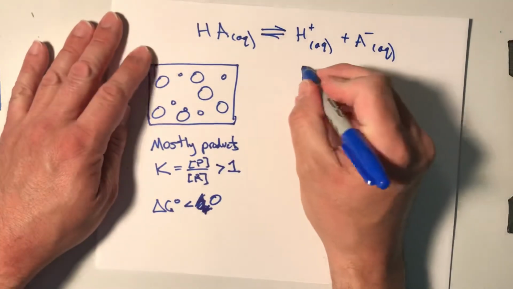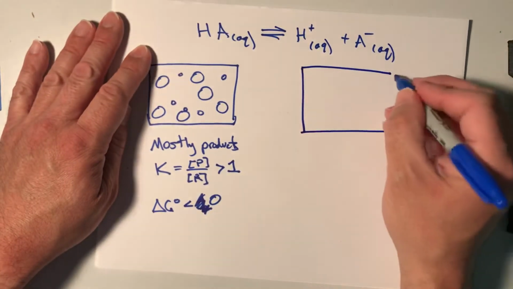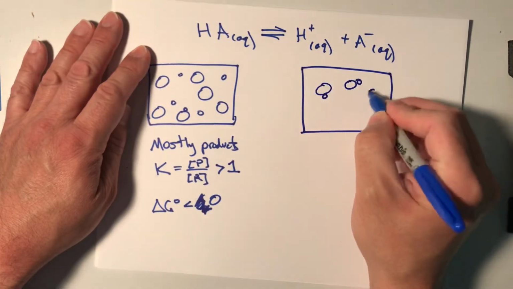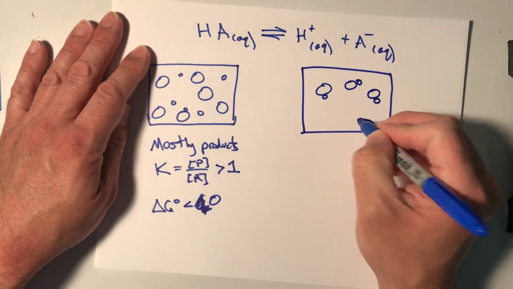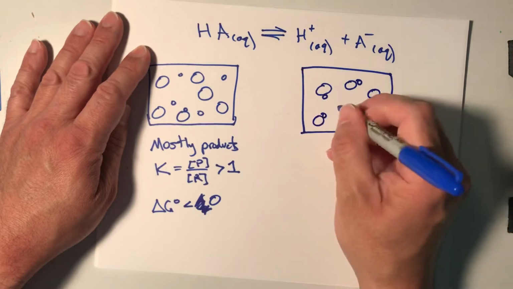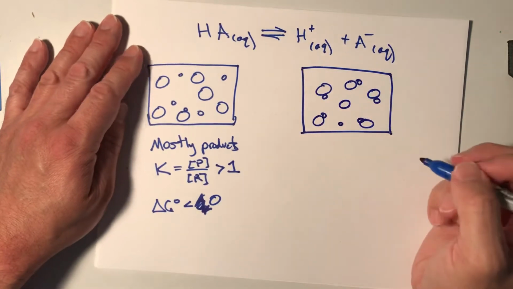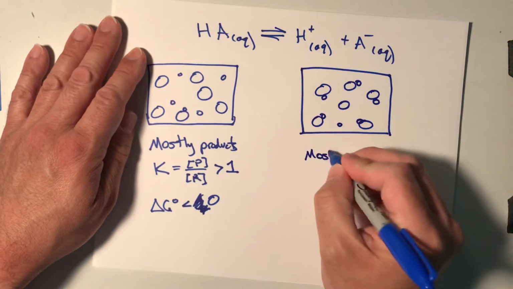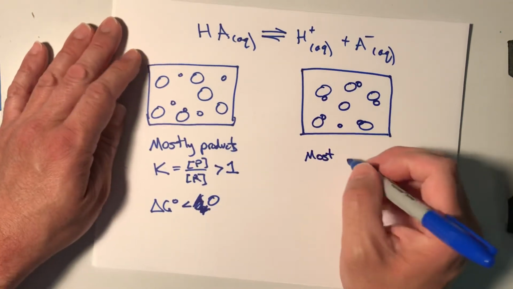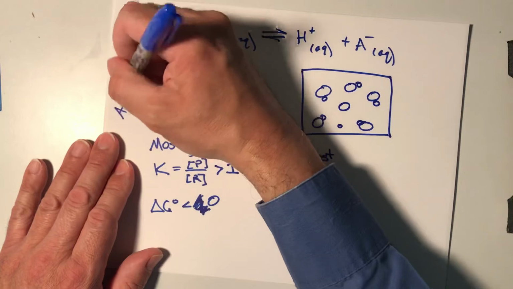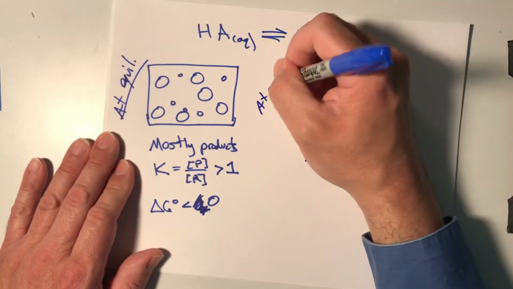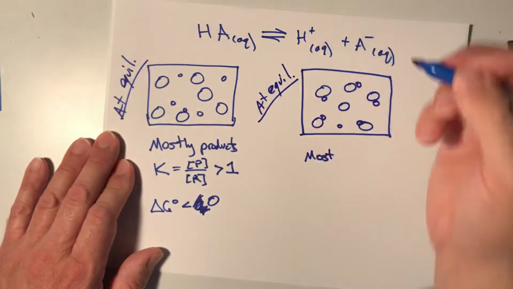On the other hand, we could imagine that our imaginary weak acid mostly remains associated, and maybe 1 out of every 5 or 6 are dissociated. Again, I want to emphasize that these are both at equilibrium.